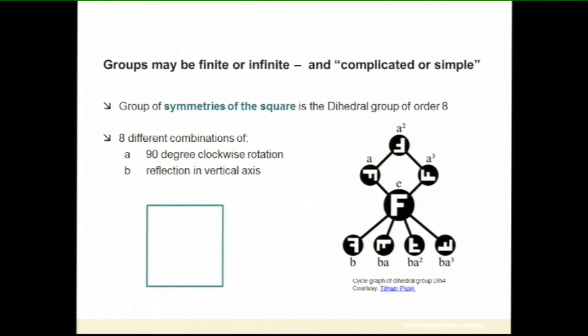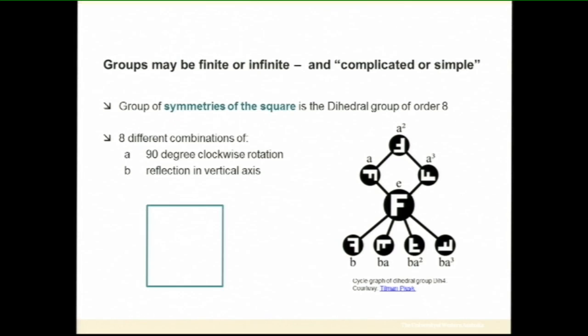They might be complicated, they might be simple, and as a very small example, consider the group of symmetries of the square. The square has 8 symmetries, and they're generated by 2 fundamental ones: a rotation through 90 degrees clockwise about the centre, and a reflection in the vertical axis.